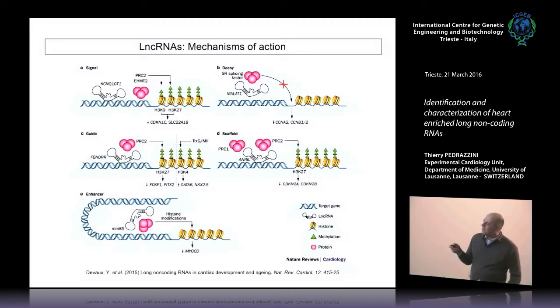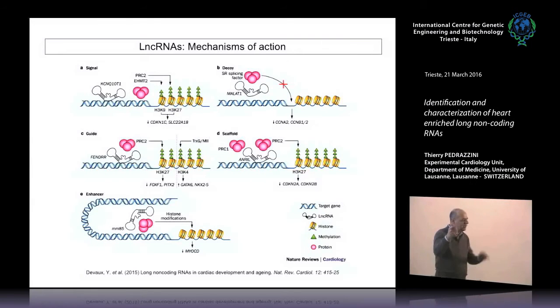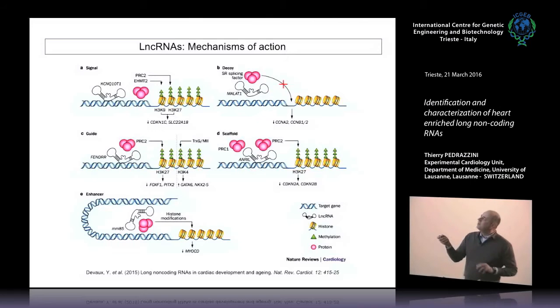They can act as guide or scaffold for different protein complexes, and then regulate gene expression. They can also act as decoy, for instance, for splicing factors. So they associate, and then the splice factor cannot find its target.